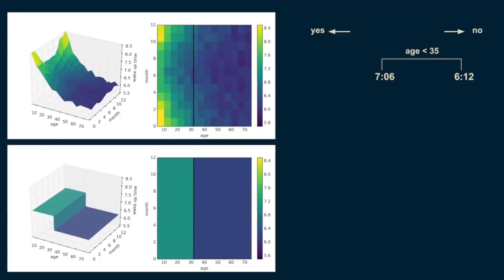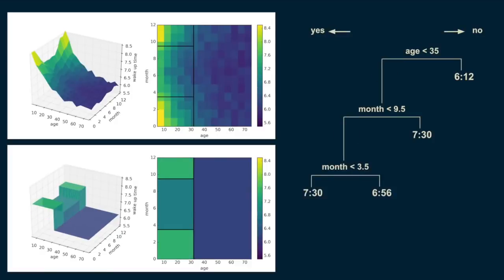We repeat the process, subdividing our younger population on whether it is before or after the middle of September, and whether it is before or after the middle of March. This isolates the winter months from the summer months. Winter months have a wake-up time of 7:30 for those under 35, and in the summer months it's 6:56.